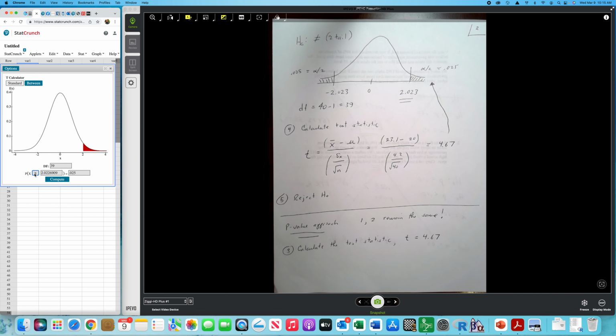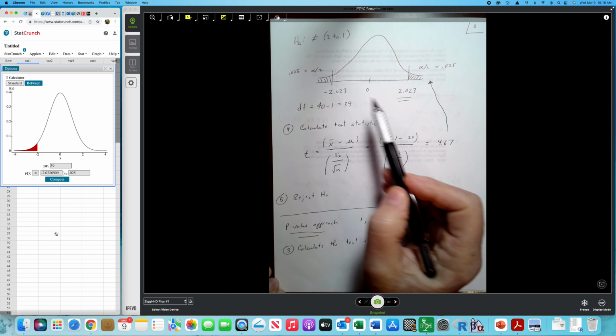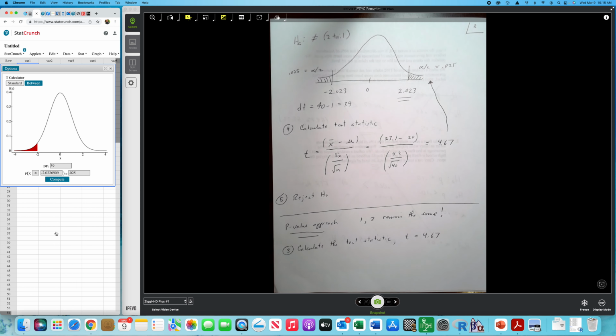If you get on a test and that just completely blows your mind and you forget it, well, if I put 0.025 there and compute, you see I'm just going to get the negative of the 2.023. So regardless of how you get it, whether you calculate it using StatCrunch or you use the fact that we have symmetry, whatever this value is, the negative has to go there. Either way is fine.